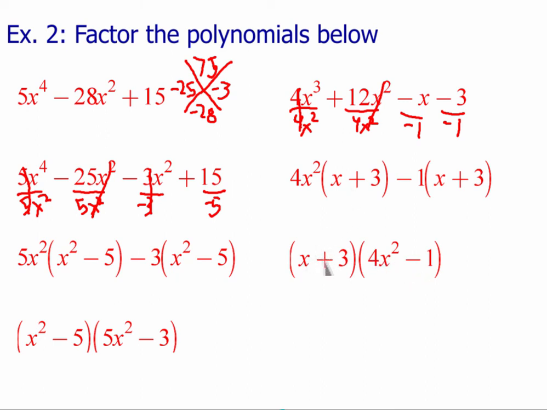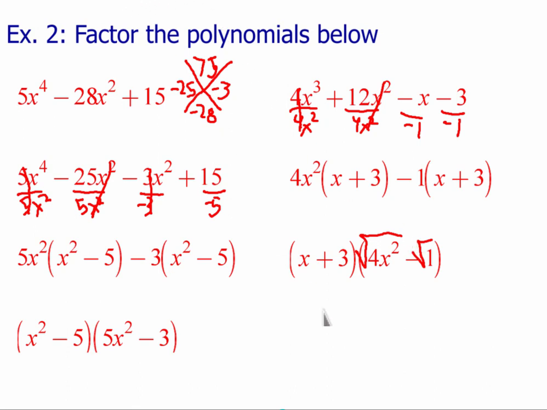Now x plus 3 cannot be factored because this isn't a perfect square and this isn't a perfect square. 4x squared minus 1. 4 is a perfect square, x squared is a perfect square, 1 is a perfect square, and they've got a minus sign here. So I can use difference of squares, my pattern, to factor this.